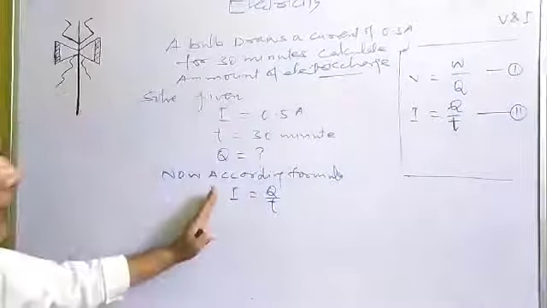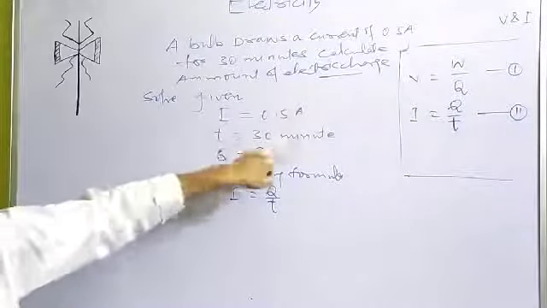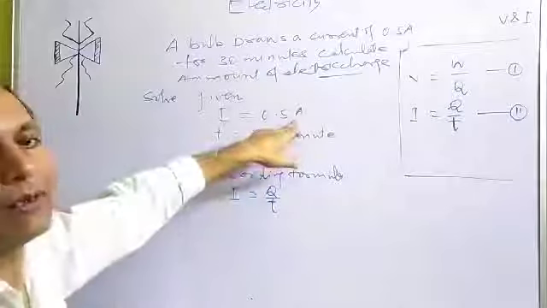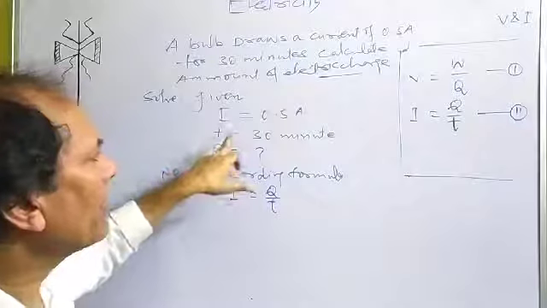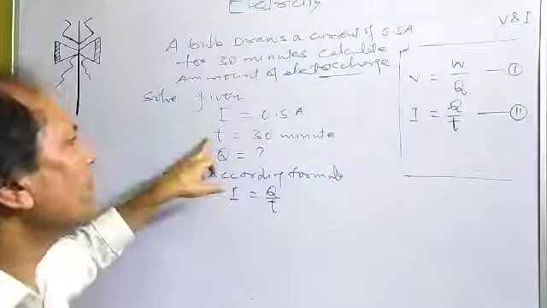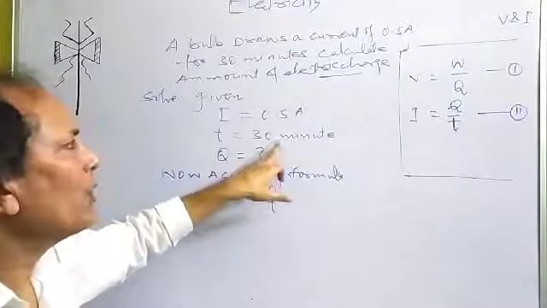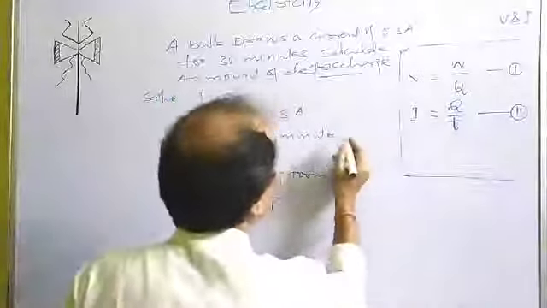But before applying this formula, we have to see that here time is given in minutes, and we are using SI units, standard international units, and according to SI units, time is measured in seconds. Here time is given in minutes, so I'm converting into seconds.